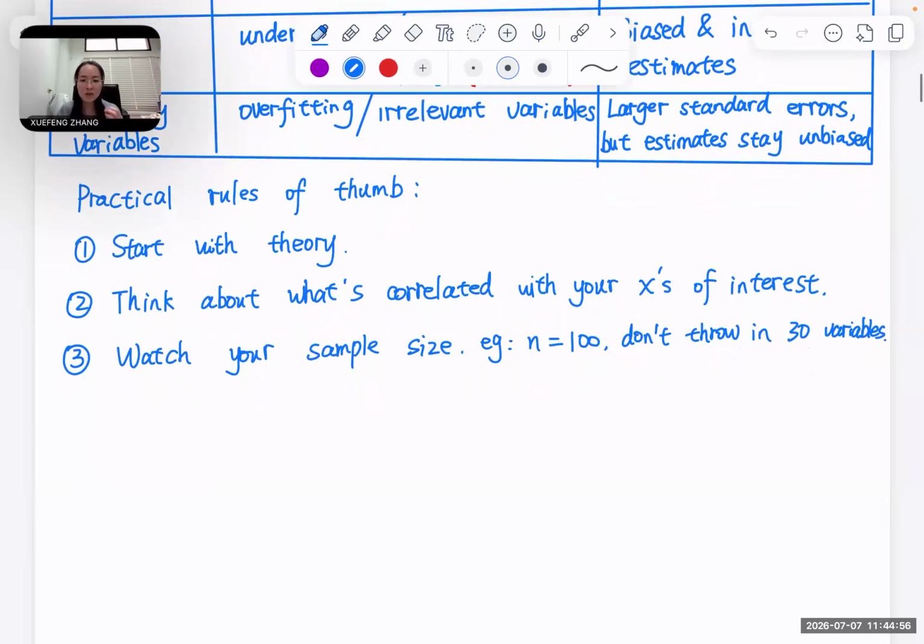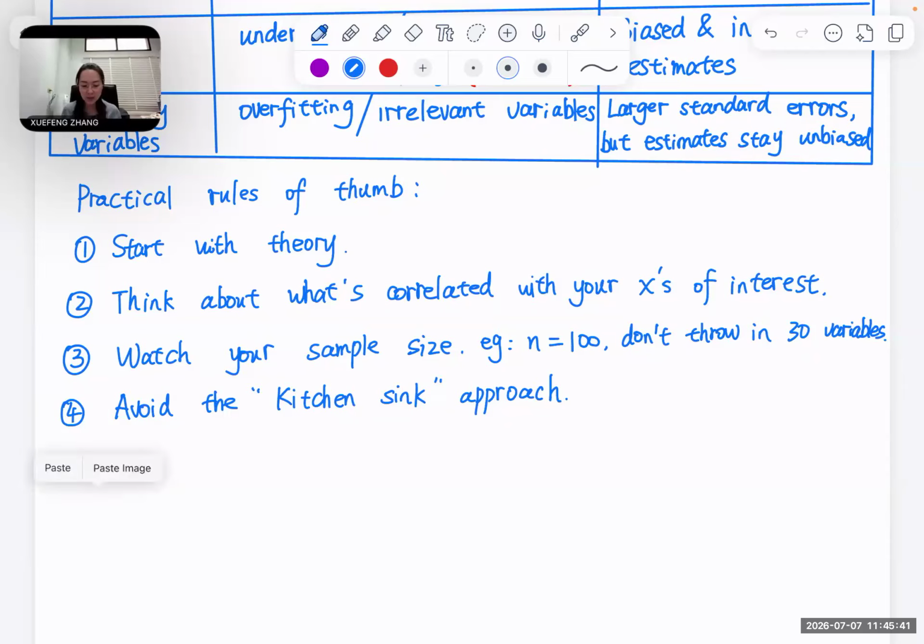Next one, avoid the kitchen sink approach. What does it mean? Adding every variable you can think of inflates standard errors and can introduce multicollinearity. When regressors are highly correlated with each other, it becomes harder to isolate individual effects.